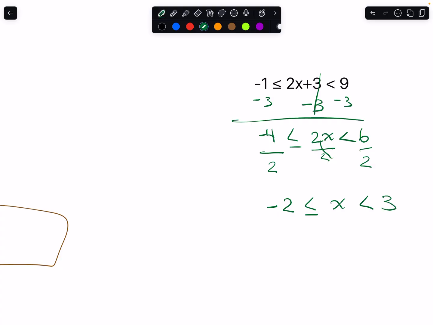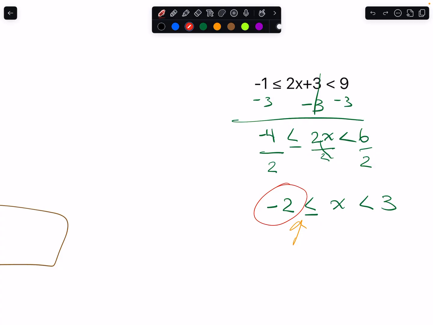We see here that there's a negative, but that does not change our sign because we did not divide by a negative, which I'll mark here in red right here. We did not have it divided by a negative on all sides.